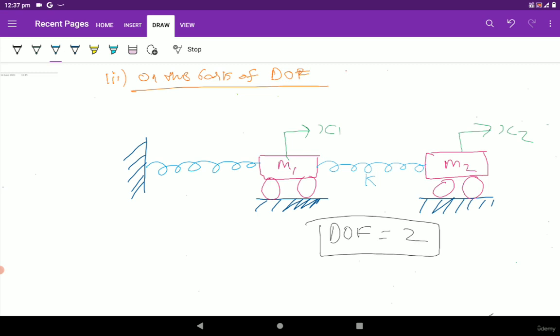And we are going to replace this spring by a rigid body.